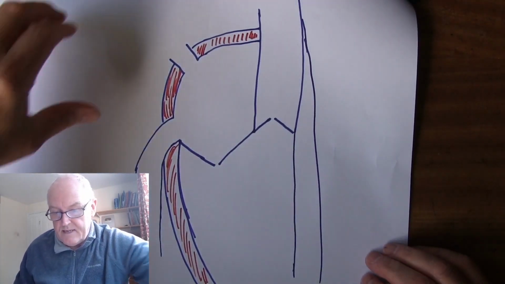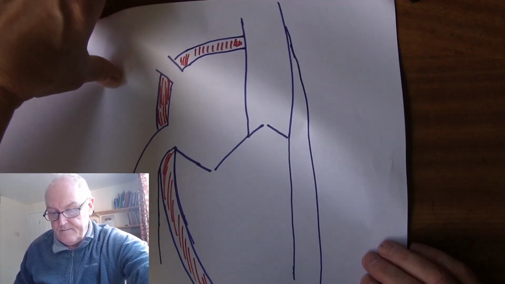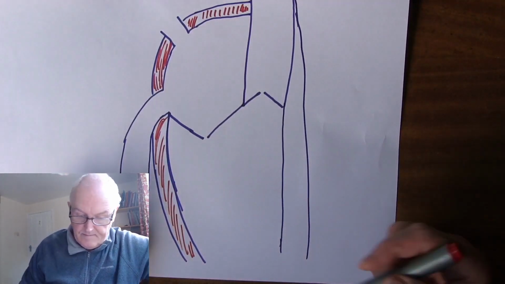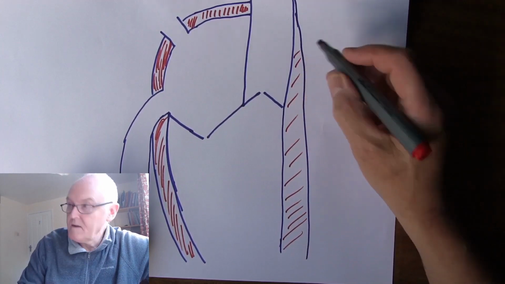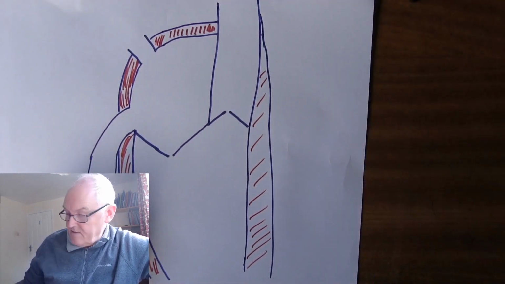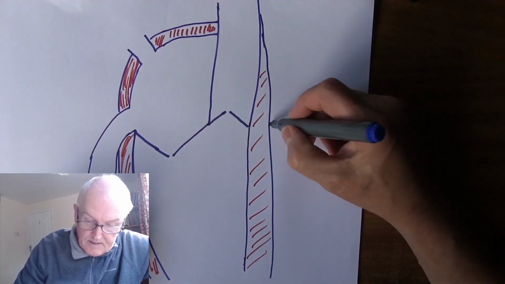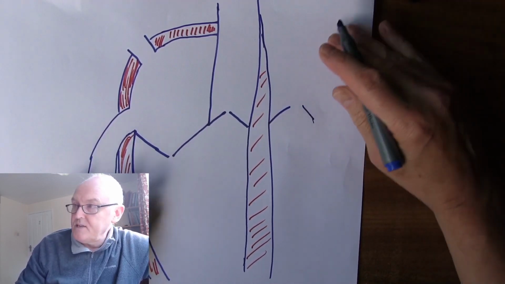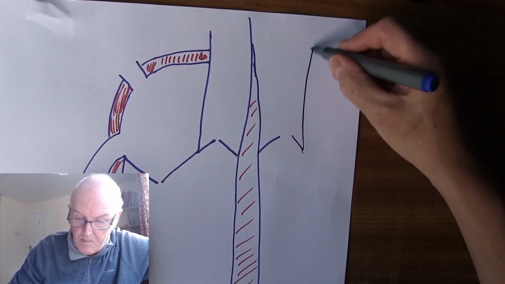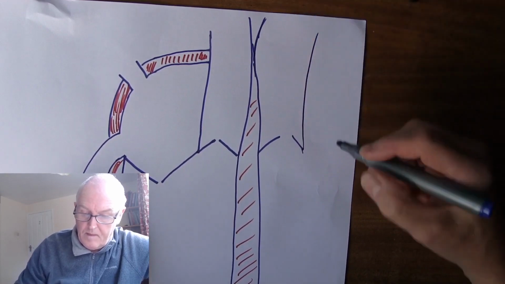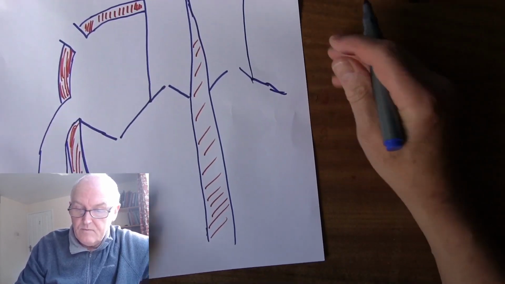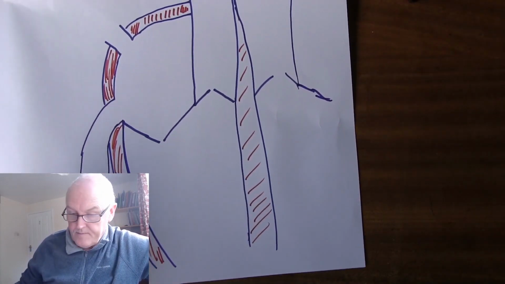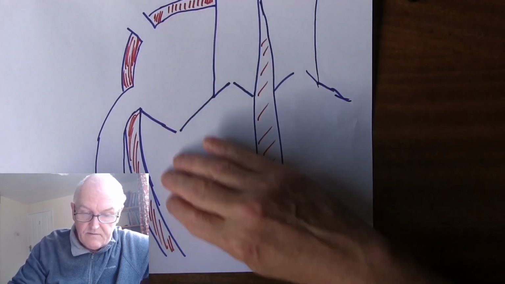This would be cardiac septum here. And of course we would have the left side of the heart here. This aortic valve here would be the entrance to the aorta. And then here we would have the mitral valve, but we're not going to draw that at the moment because we're thinking about the right side of the heart.